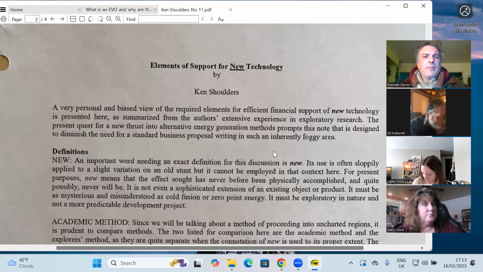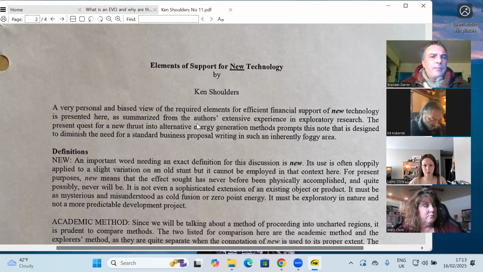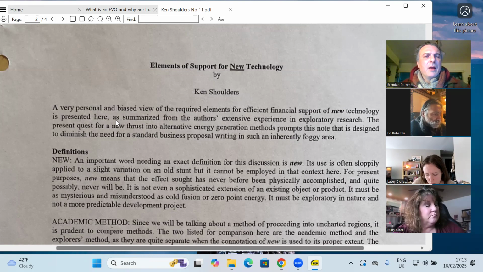Okay, continuing. Elements of Support for New Technology by Ken Shoulders. A very personal and biased view of the required elements for efficient financial support of new technology is presented here, as summarized by the author's extensive experience in exploratory research.